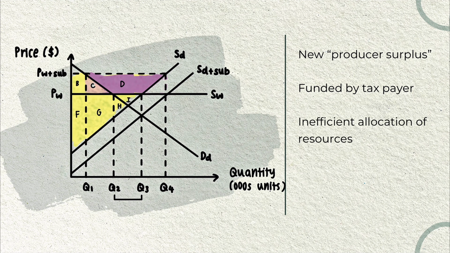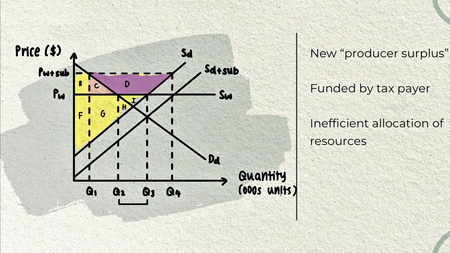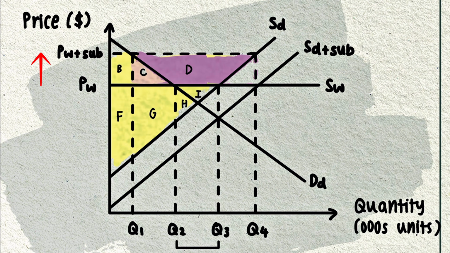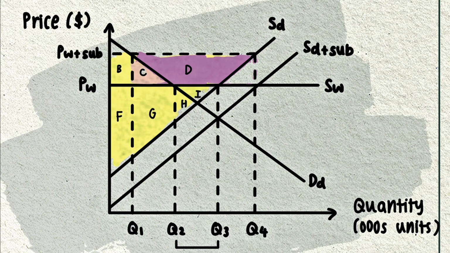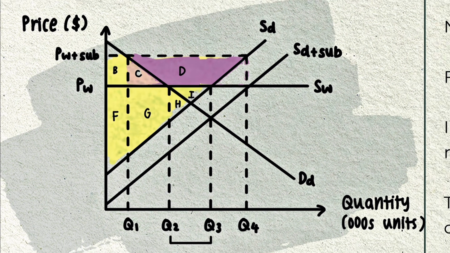Moreover, C, if you remember from a few slides back, is the inefficient allocation of resources, because due to a higher price, there will be less demand from domestic consumers due to being priced out completely. So no goods will be produced for these consumers, leading to this welfare loss. And lastly, producer surplus of B is arguably just taken from consumers, which is a transfer from the consumers.